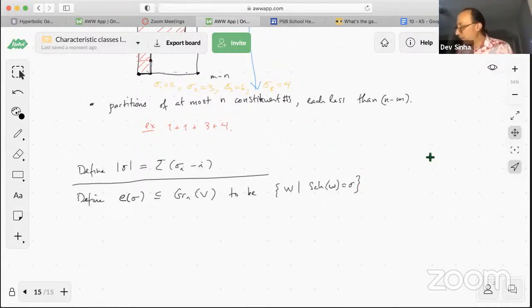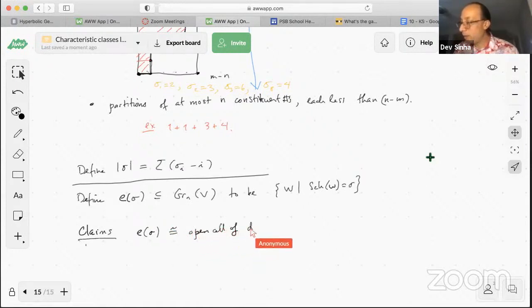And the claims are that E sigma is homeomorphic, diffeomorphic in fact, to an open cell of dimension given by this value that we just defined.